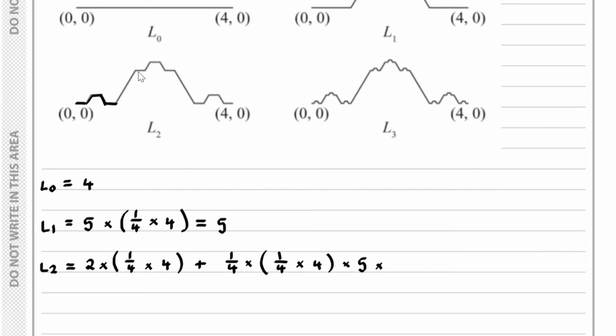And we've got that repeated 3 times. And so the length of L2, well, we've got 1 times by 2, which is 2. Here we've got 5 times by 3, which is 15, divided by 4, that's 15/4. 15/4 plus 2, you will find that to equal a length of 23/4.